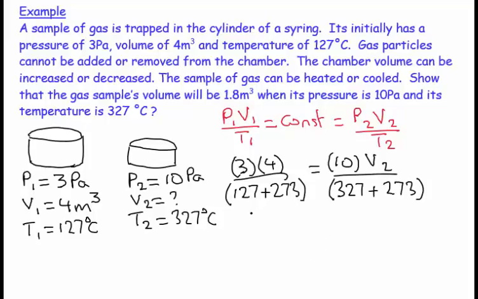And so if I rearrange, I can say V2 is equal to 3 by 4 times, let's add these two guys up now, 327, 527, 600. It's going to be 600, that goes to the top.